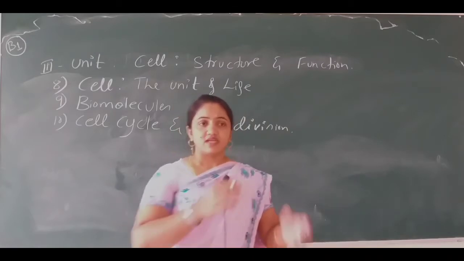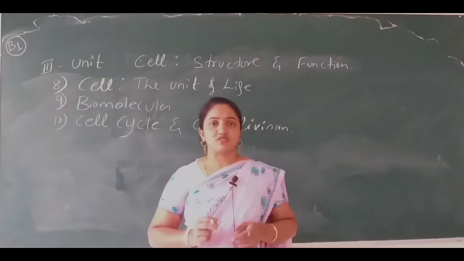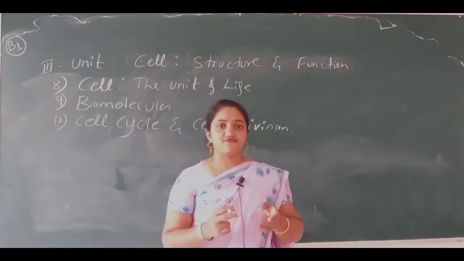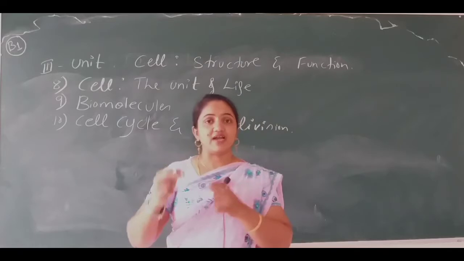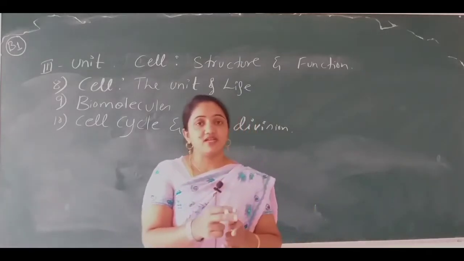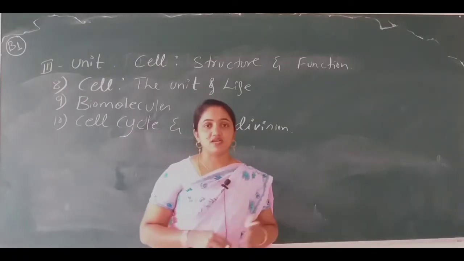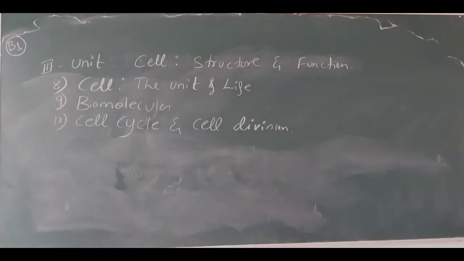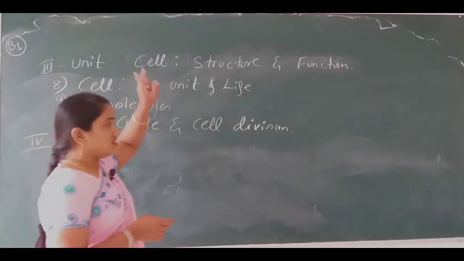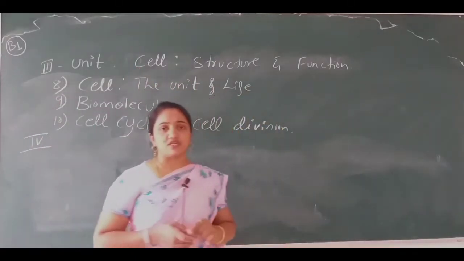I'll just say that in this cell mitosis occurs, in this cell meiosis occurs, but before that you have to have this idea about how the cell divides by the mitotic division or the meiotic division. So that's all about cell cycle and cell division, and about cell structure and function, which is the unit name.